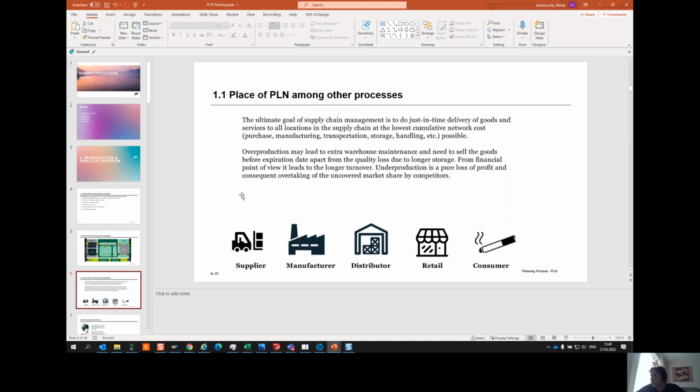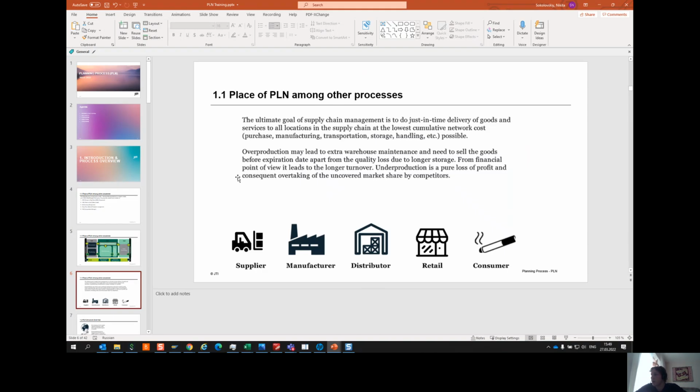We will need to spend money on it, and also we need to consider such a term as shelf life. Of course, cigarettes are not food, and the shelf life expiration date is not so short, but still we don't want to keep the finished goods in our warehouses for too long.